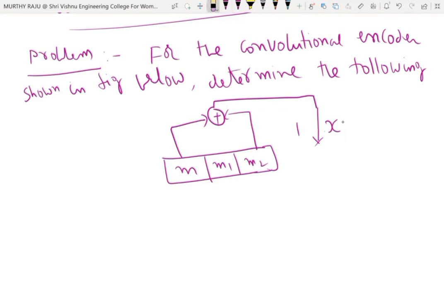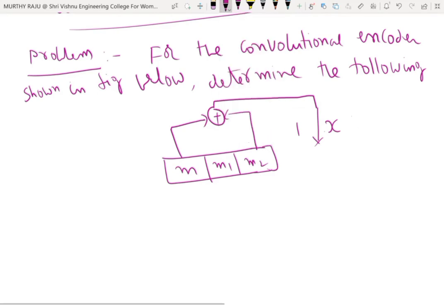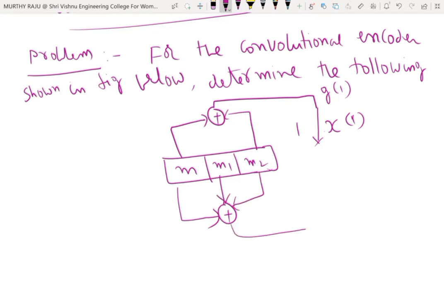Here our notation is X of 1. Generator sequence is G of 1. Here, this is the modulo 2 adder to combine these bits, M bit, M1 bit and M2 bit. This is the second one, X of 2.